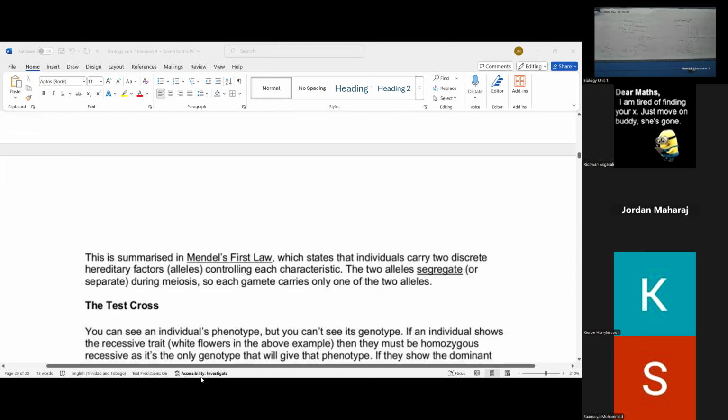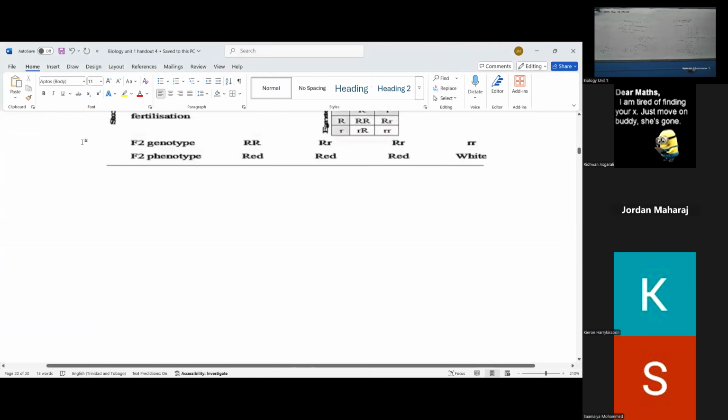So before we move on to dihybrid, let's do the test cross. Any questions so far on monohybrid crosses or on Mendel's laws? So let's do test cross.